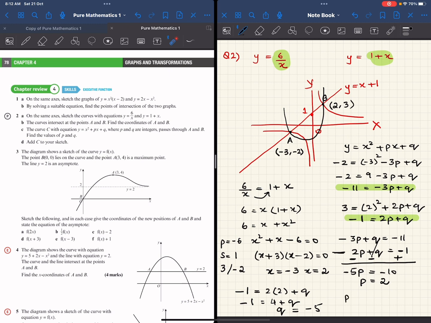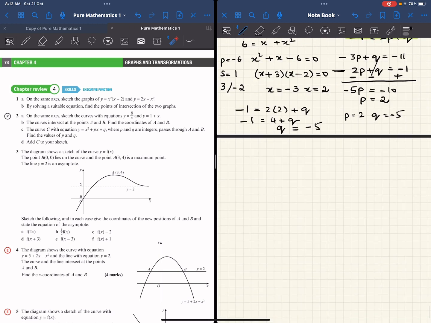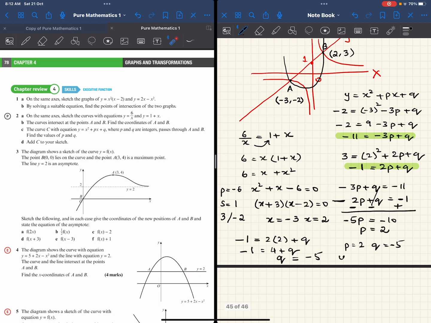So p is equal to 2 and q is equal to negative 5. Therefore, this equation that we have is now y is equal to x squared plus 2x minus 5.